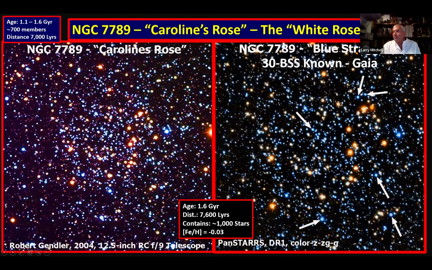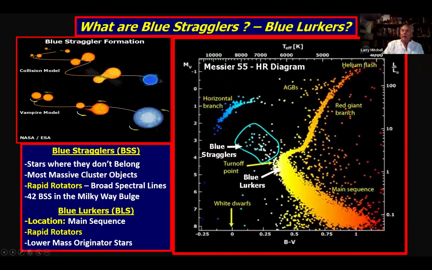And there are 30 of these blue straggler stars that are known to exist within NGC 7789. Blue stragglers were discovered in 1953 by Alan Sandage, and they're still debating as to what these objects are to this day.